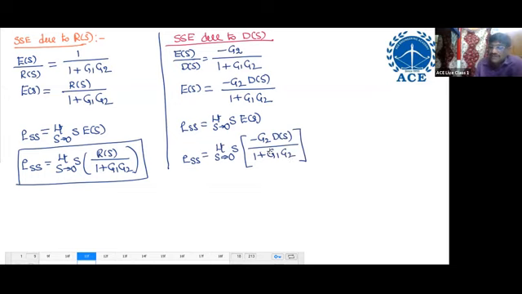Now, this is the steady state error due to disturbance. Either you remembered or not, in chapter 1, one question is there on steady state error due to disturbance.